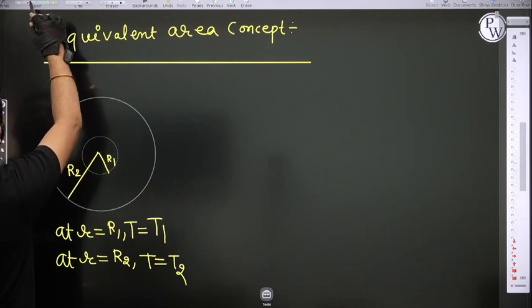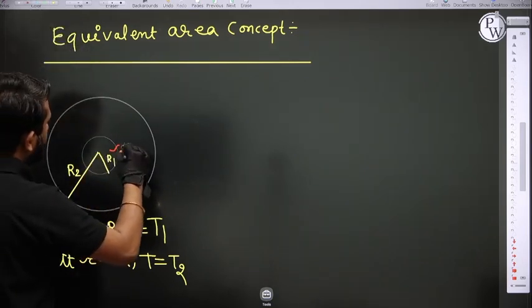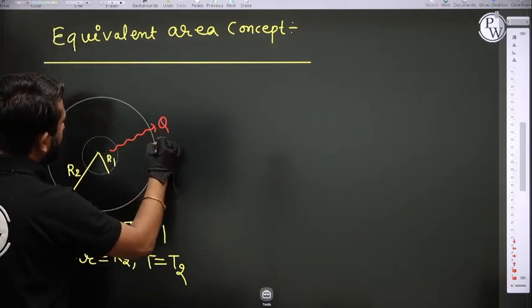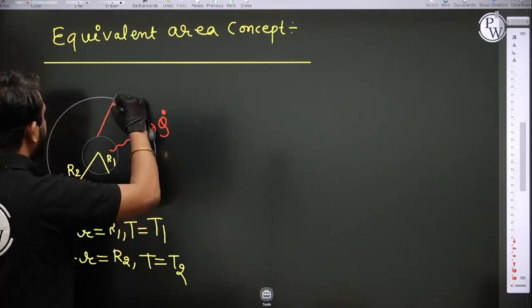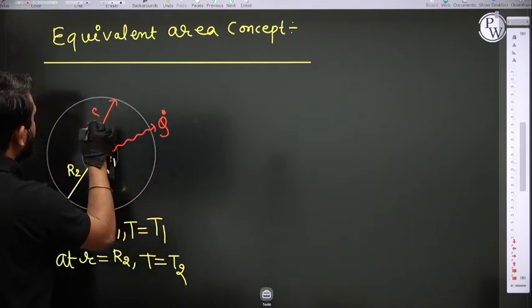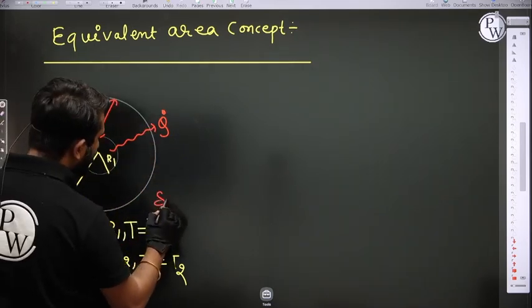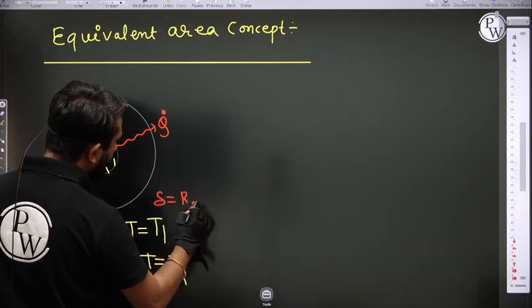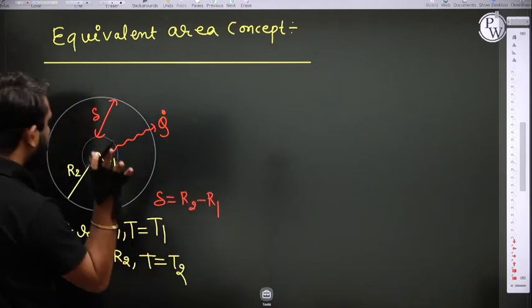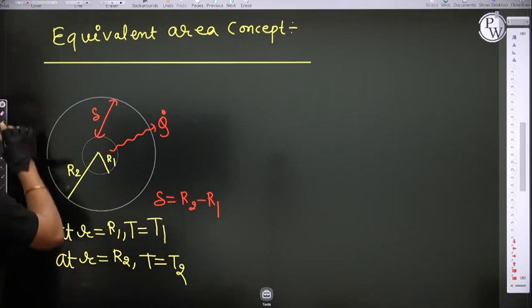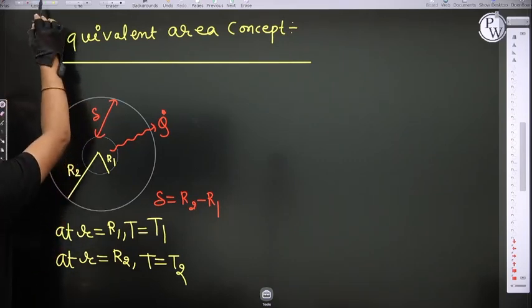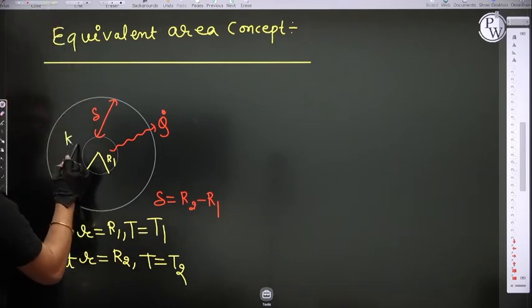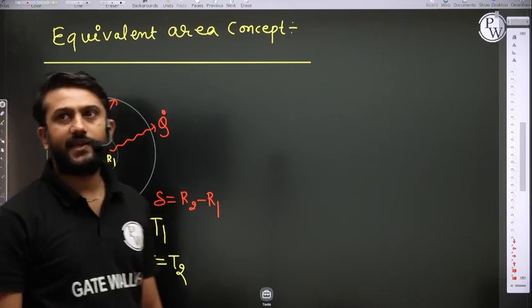So what is the rate of conduction heat transfer from this hollow cylinder? That is Q dot. And let us assume this thickness is delta, and delta is R2 minus R1. Perpendicular to the monitor, the length is L, and the thermal conductivity of this hollow cylinder is K.